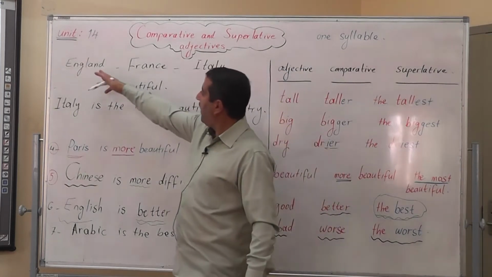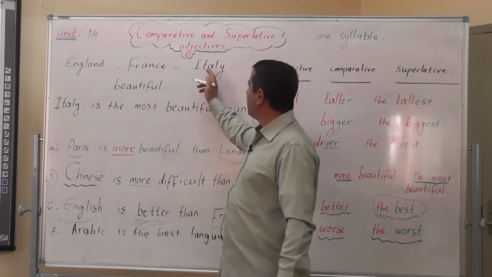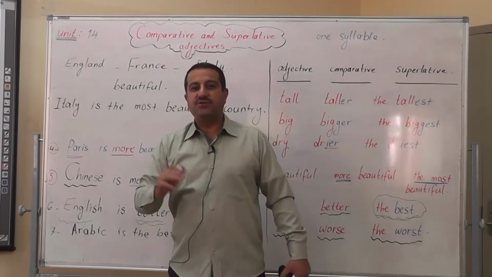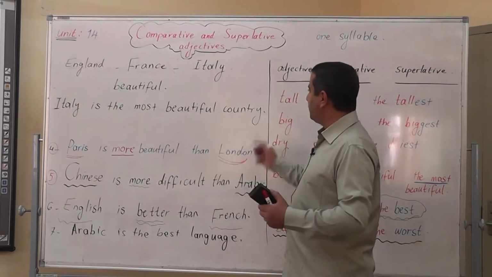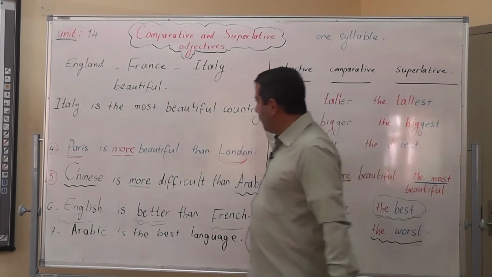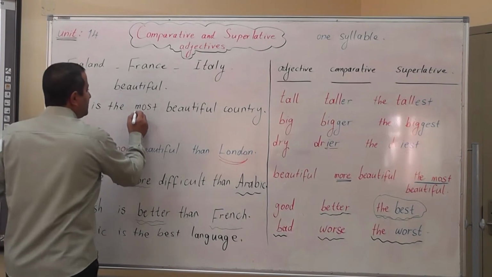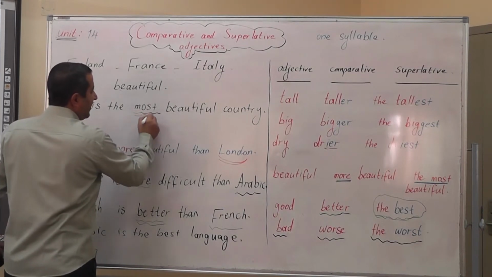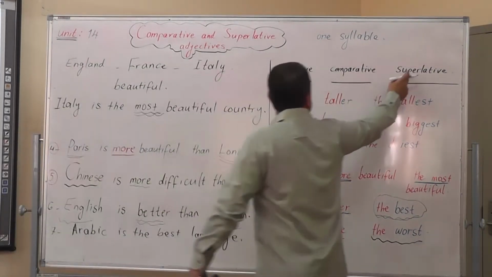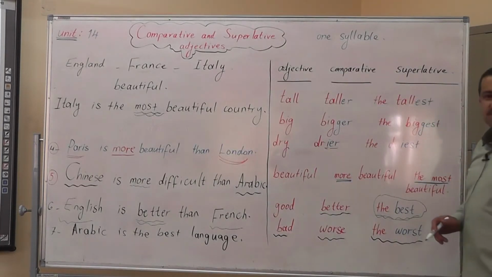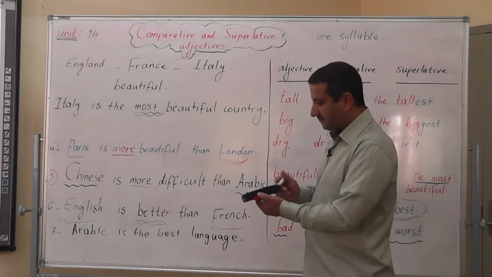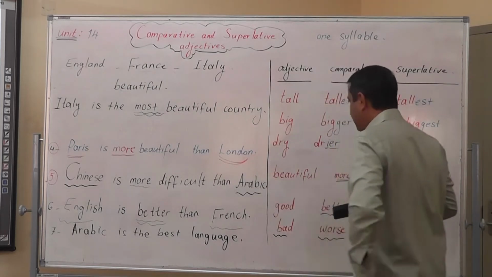Okay, if you have England, France, and Italy, and you want to say which country is the most beautiful one, we say Italy is the most beautiful country in Europe. So we use most in the superlative form. In the superlative form, the most beautiful country. Okay.